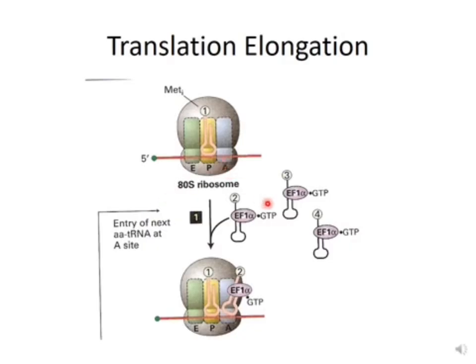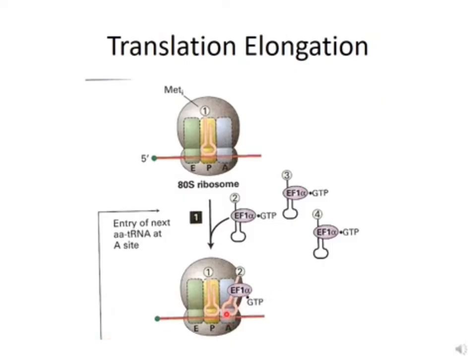And then we have a second tRNA bound to another amino acid and bound to elongation factor 1A, bound to the GTP, entering the A site. If the codon matches the anticodon, the process will continue.